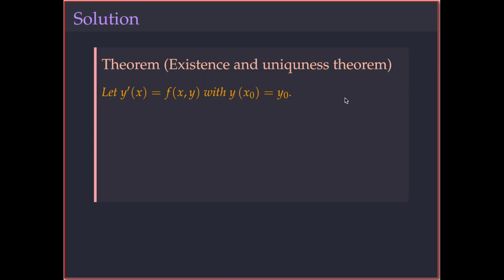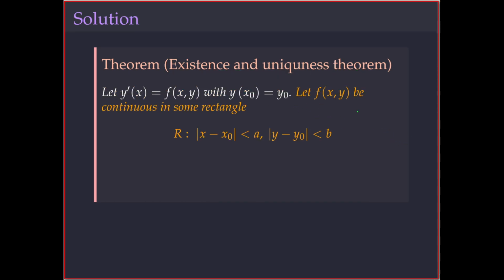So, as I told, let's recall the existence and uniqueness theorem for the differential equation. Let y' = f(x, y) with the initial condition that at x0 the value is y0. Now let f(x, y) be continuous in some rectangle.